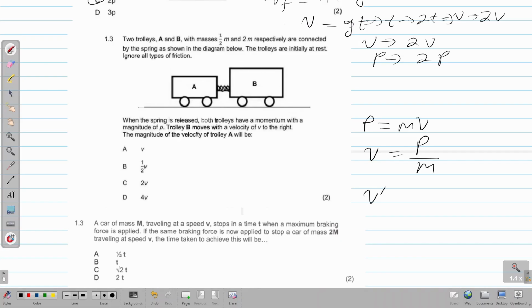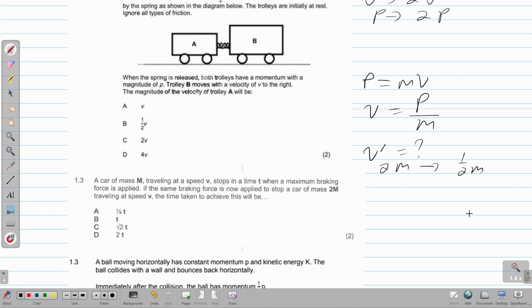If the mass changes from 2m to half m, what is V prime? The mass changes from 2m to half m, which basically changes by a quarter. So you've divided the mass by 4, and then you get half m.